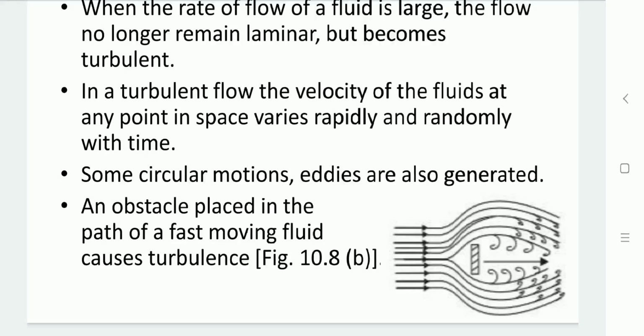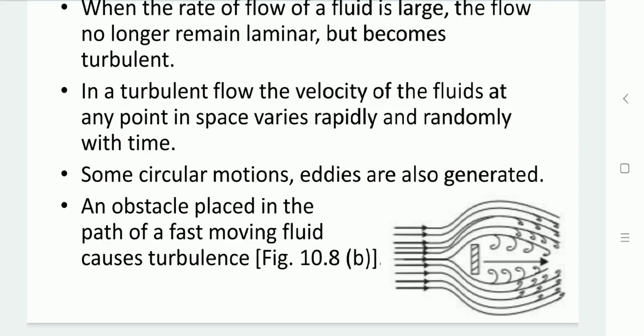In this turbulent flow, the velocity of fluid at any point in space varies rapidly and randomly. It also gives some circular motions and eddies. So if an obstacle is placed in the path of a fast moving fluid, it will give you turbulent motion, as we can see over here in the diagram.